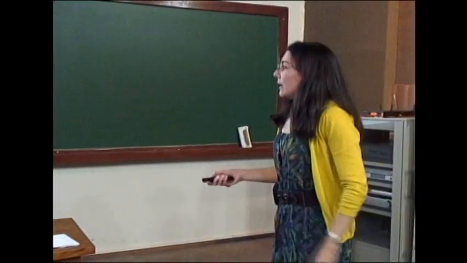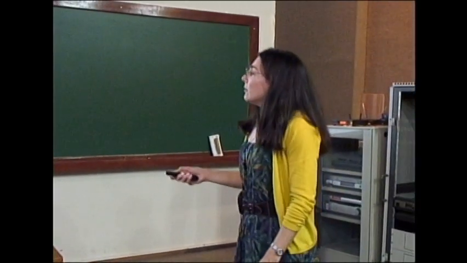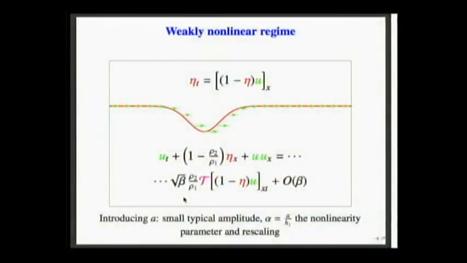If we want a weakly nonlinear regime, then we introduce a small parameter for the amplitude of the internal wave. So we assume that this proportion here is small, for a the small typical amplitude. We call that the nonlinearity parameter. In fact, it appears in front of the nonlinear terms, as you can see here.